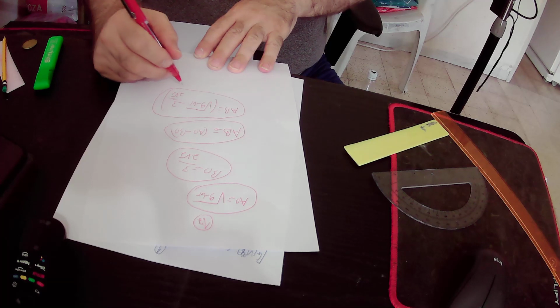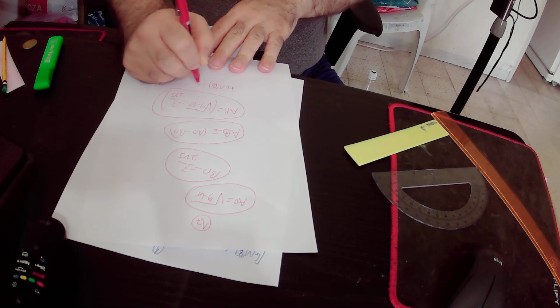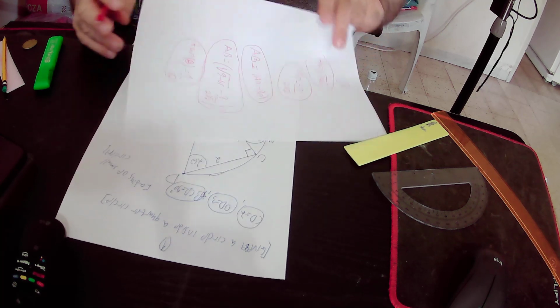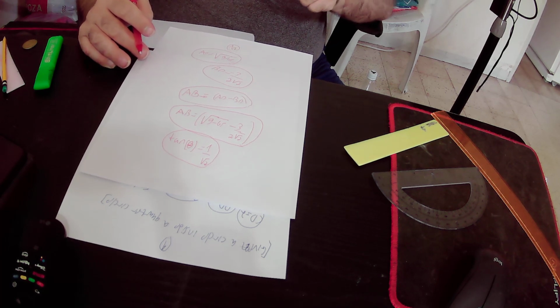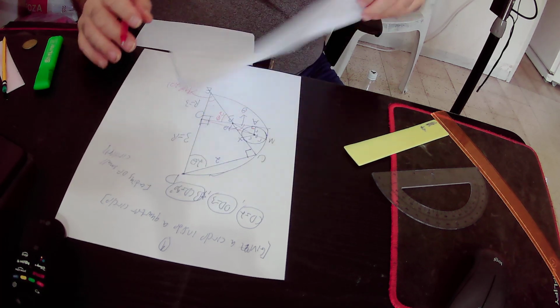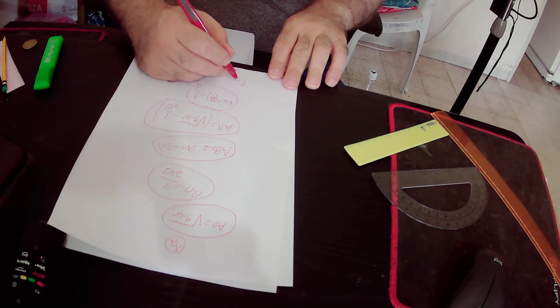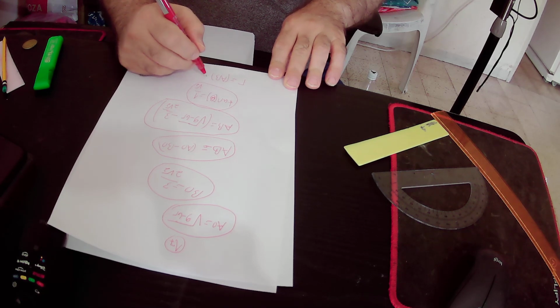We have already found out that tangent theta equals 1 over root 2. And we know that the radius of the small circle equals AB times tangent theta.